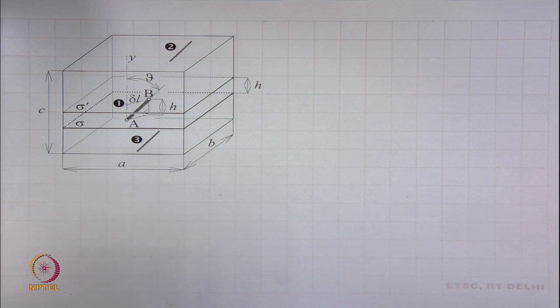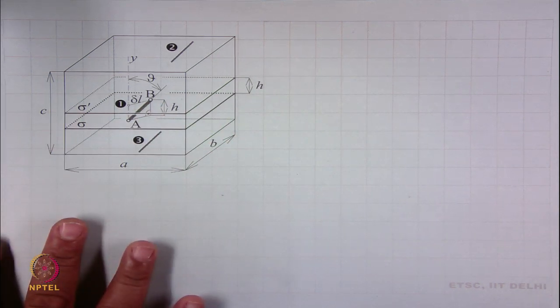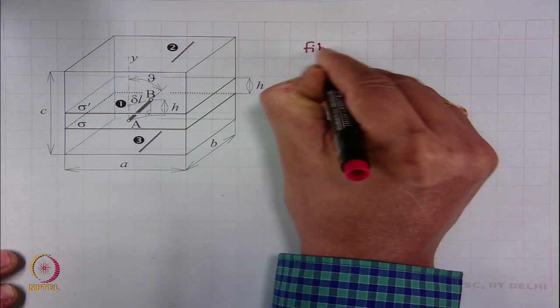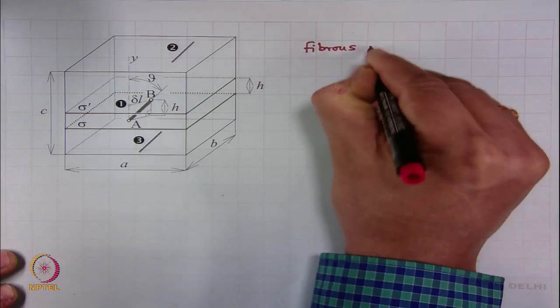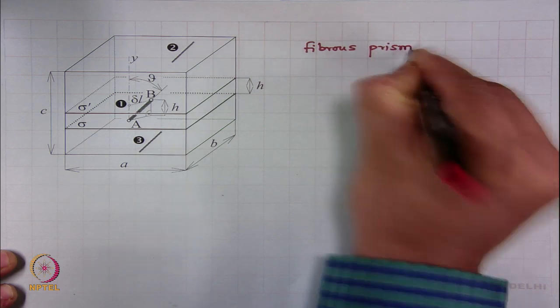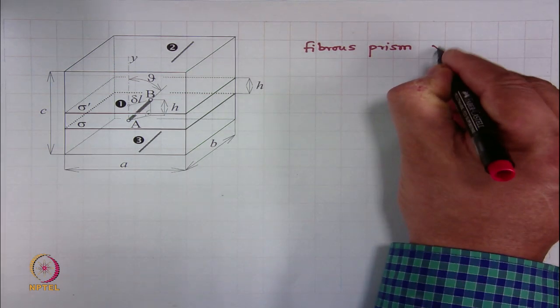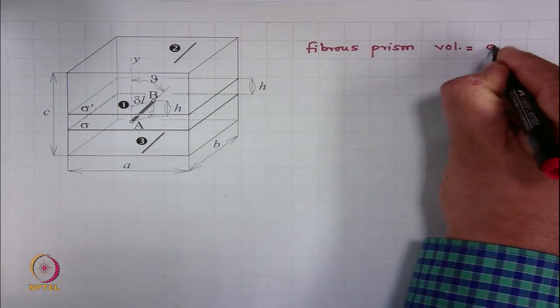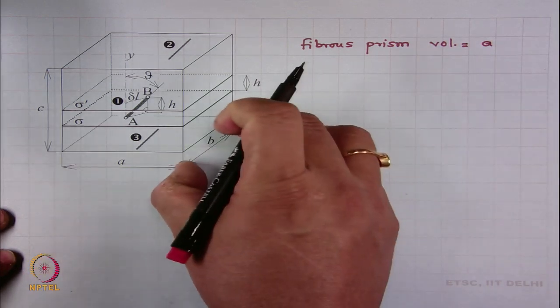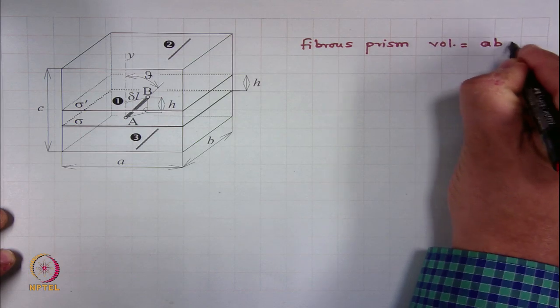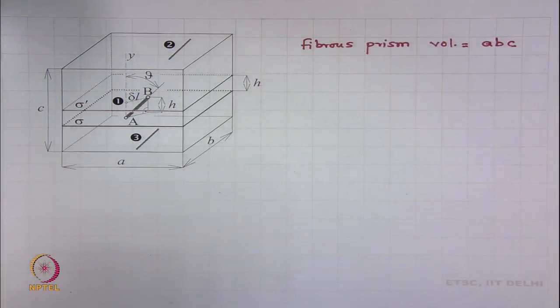So, what do we see here? We see here a fibrous prism. This fibrous prism has a volume A multiplied by B multiplied by C. So, the volume of the prism is ABC. In this prism we see one sectional plane.